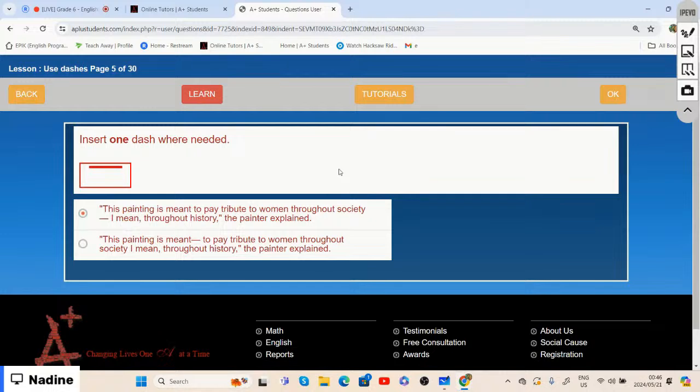But now it's like this painter is interrupting him or herself. I assume it's a woman. And then they say, I mean, it is throughout history. So it's not just women of today's society, but it's throughout history. It's been years and years on end, before and to come.